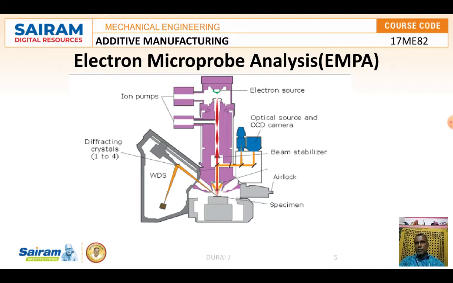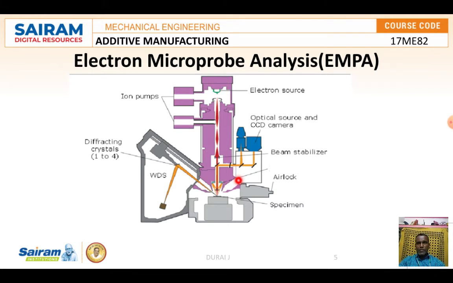So the electron probe microanalyzer is a fully qualitative and quantitative, non-destructive method of elemental analysis for micron-sized volumes at the surface of materials, with sensitivity at the level of ppm.